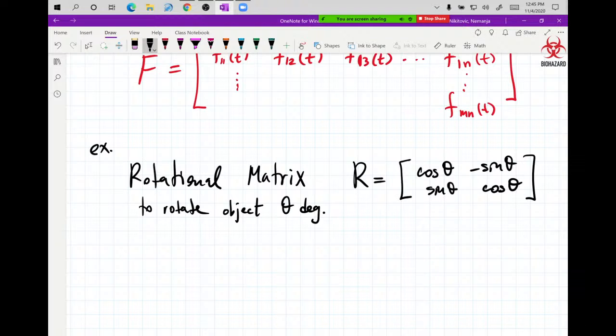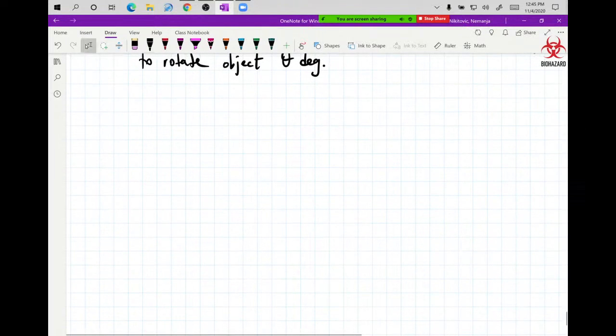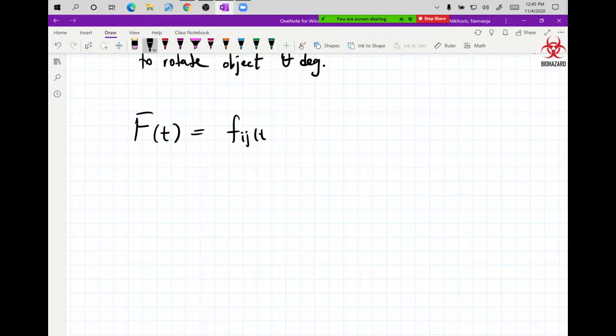Now, we are not going to deal with rotational matrices or anything like that. We are dealing with obviously differential equations. But now, if I'm having a matrix valued function, then that big F matrix is a matrix of t, some kind of Fij of t.